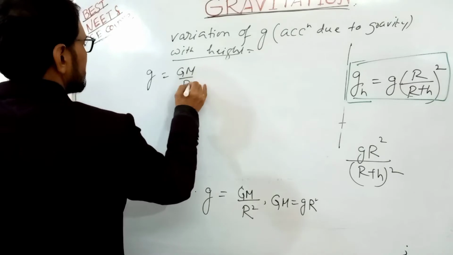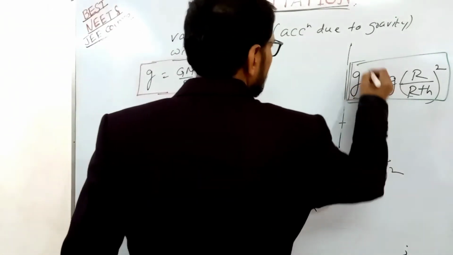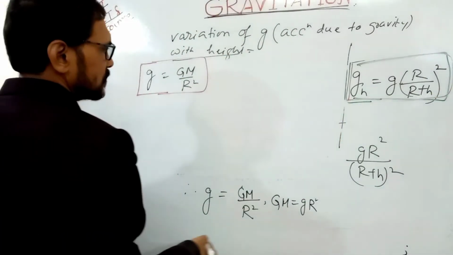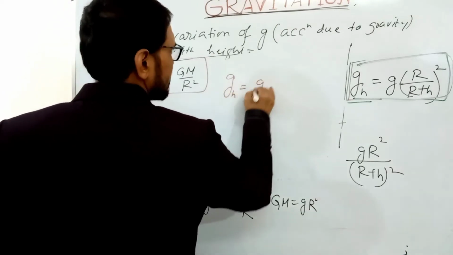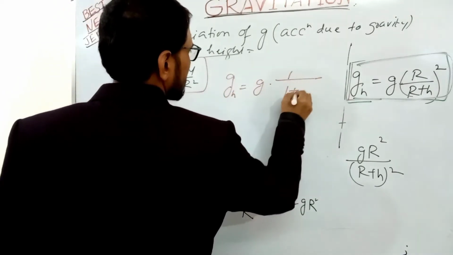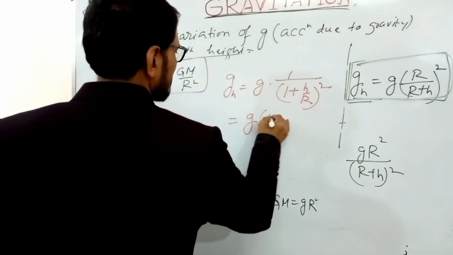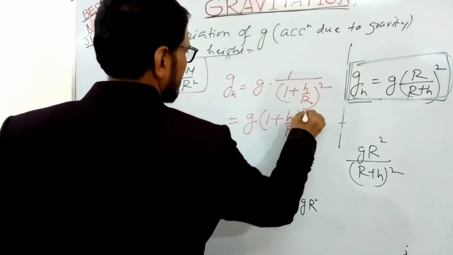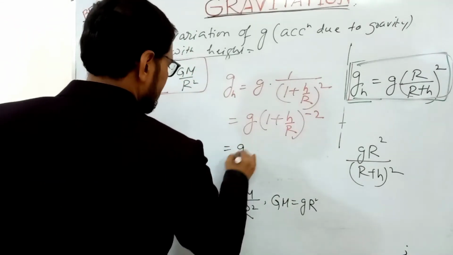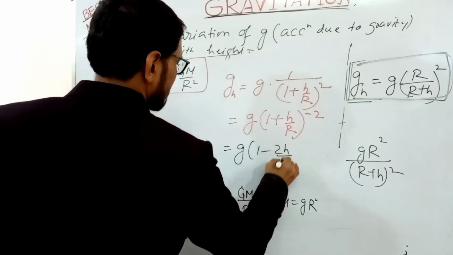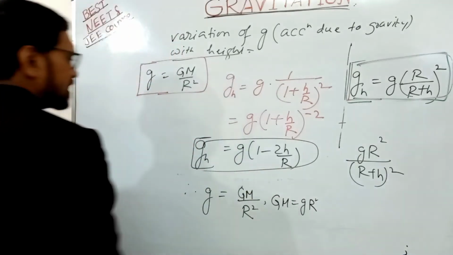GM by r square is also one formula. Now from this we get gh equal to g into 1 plus h by r whole to the power minus 2, so this is another formula.